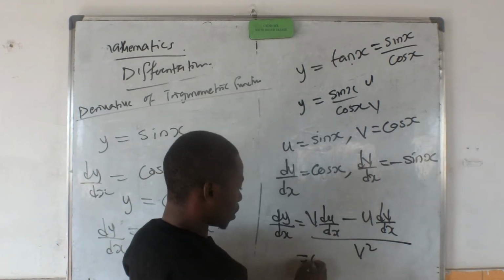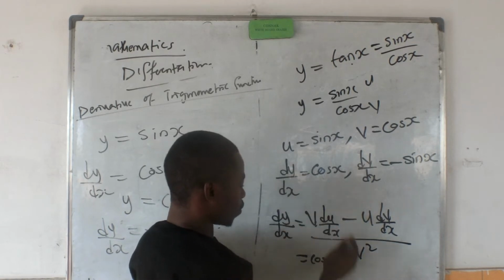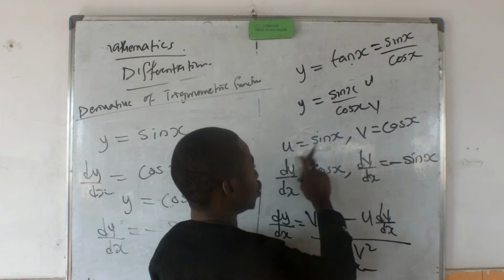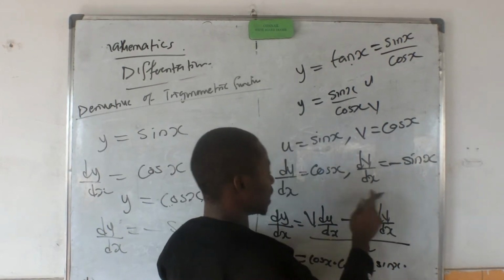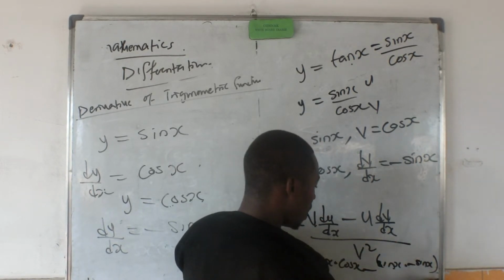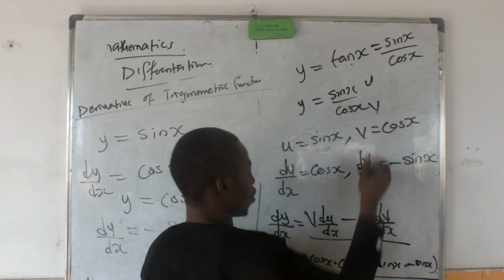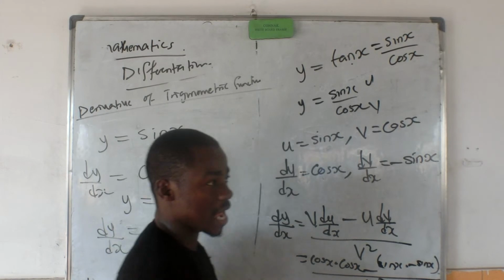Your v is cos x, times du/dx, which is cos x, minus your u, which is sin x, times dv/dx, which is minus sin x, everything over v squared, which is cos squared x.